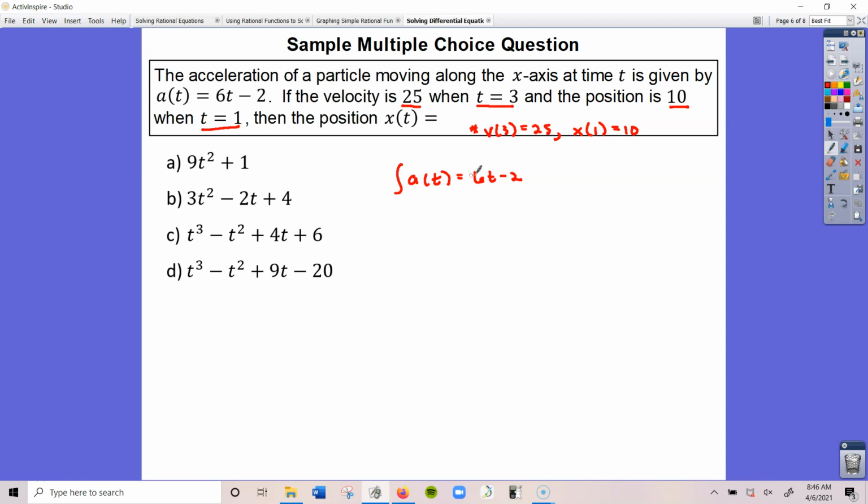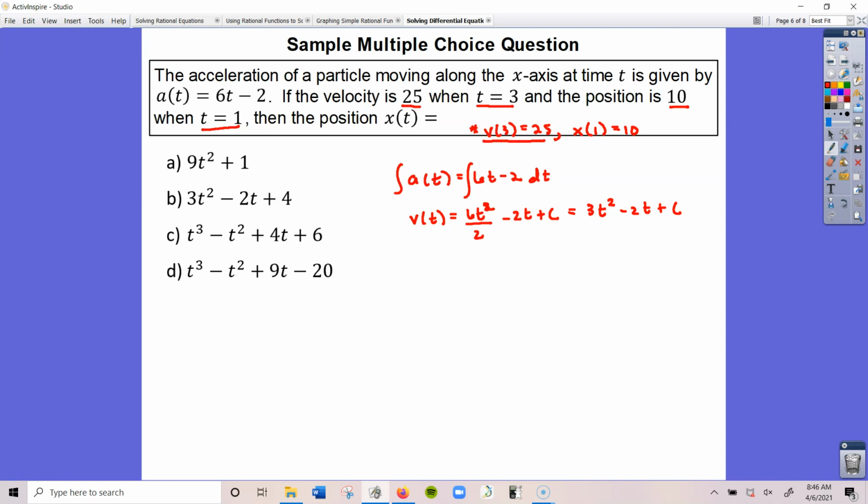If I integrate both sides, then that would give me v of t, which is equal to 6t squared over 2 minus 2t plus c. Or we can rewrite that as 3t squared minus 2t plus c.